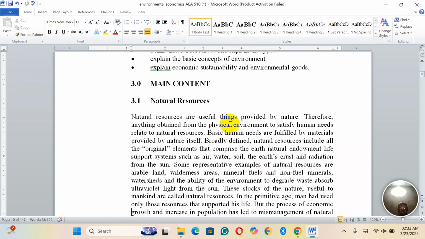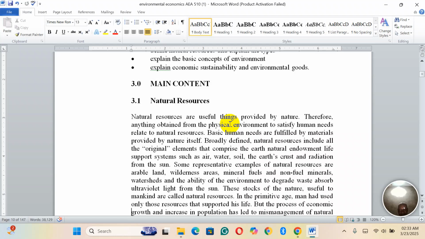Natural resources include all the original elements that comprise the earth, also the natural endowment like support systems such as air, water, soil, the earth, and radiation from the sun.